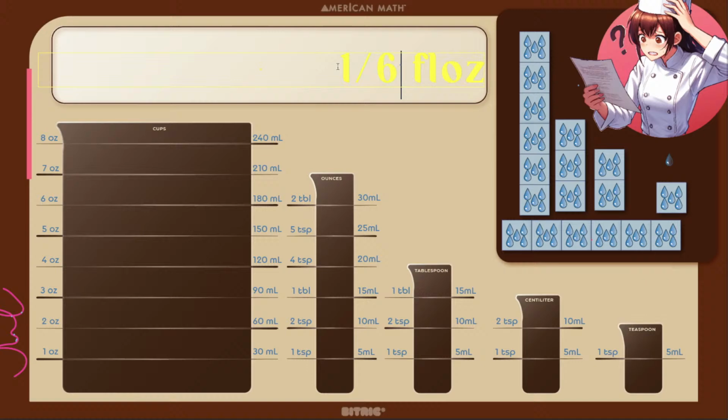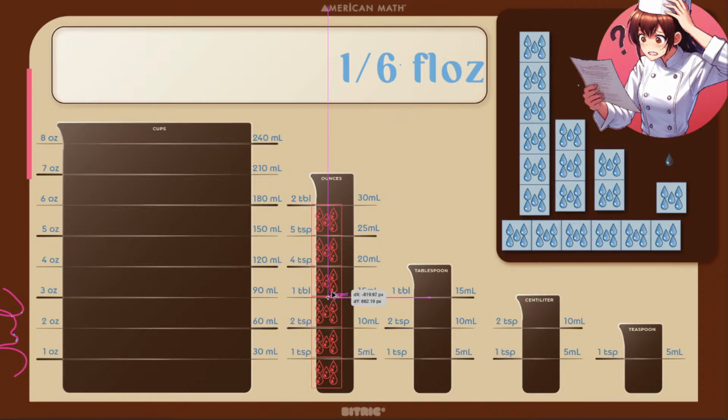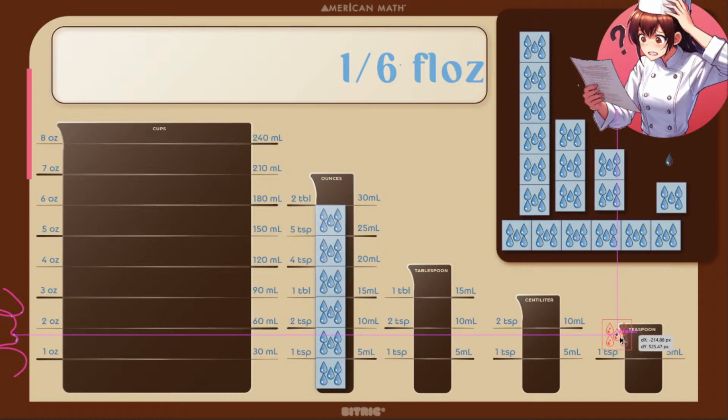Let's place 1/6 of a fluid ounce. Okay, I can do that. So 1/6 of a fluid ounce, put our ounce back. Now, we know an ounce has 6 teaspoons in it. So, of course, 1/6 of a fluid ounce will just be 1 teaspoon.